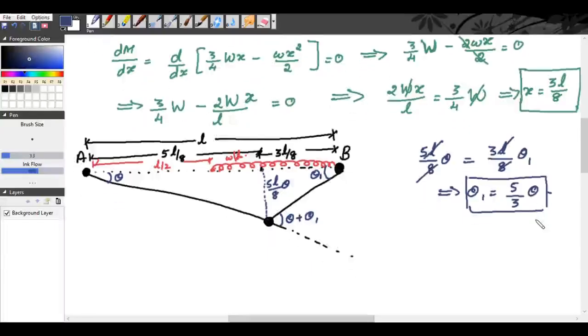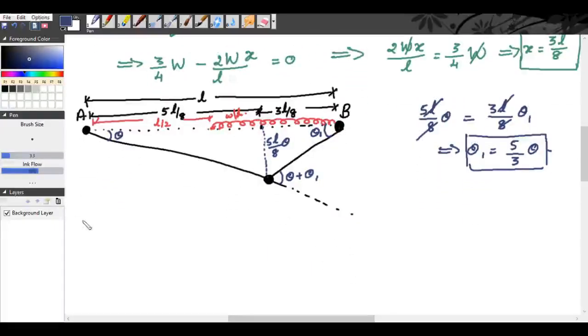Now our external work done. This is our UDL, right? So how much is our UDL? W into L by 2.